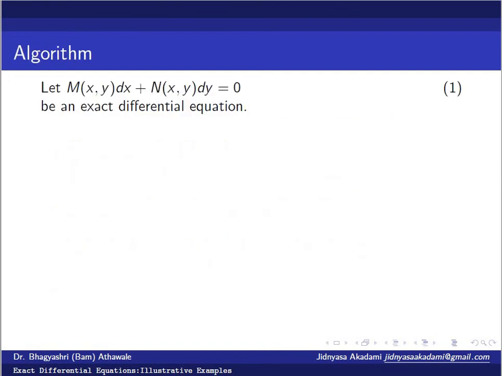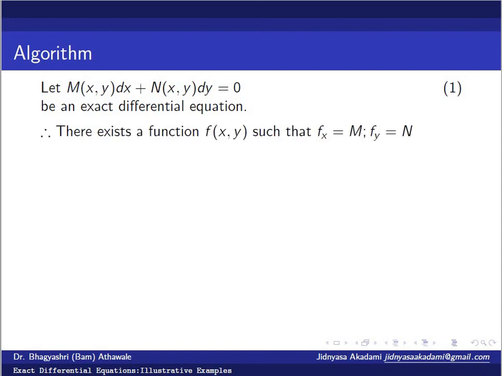So we start with: let M dx plus N dy equal to 0 be an exact differential equation. Since it is exact, there exists a function f(x,y) such that ∂f/∂x is M, ∂f/∂y is N, and f(x,y) equal to c is the required solution of the given exact differential equation.